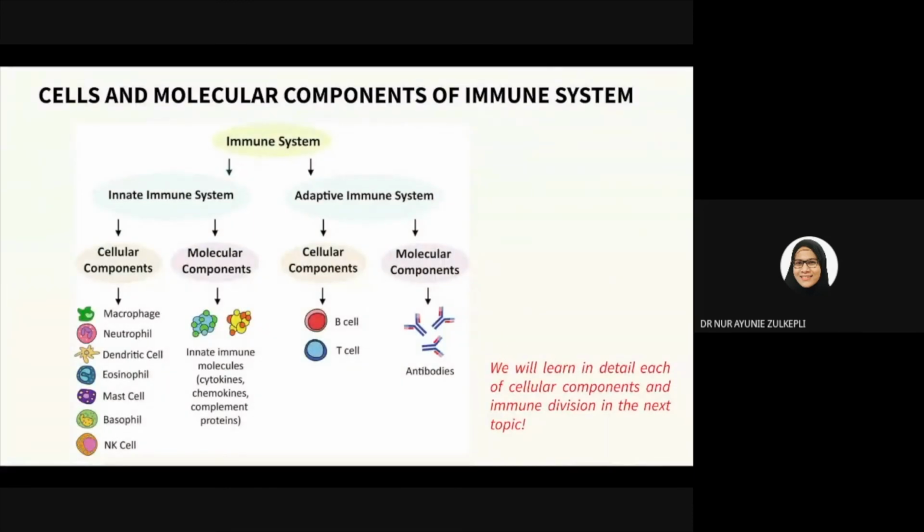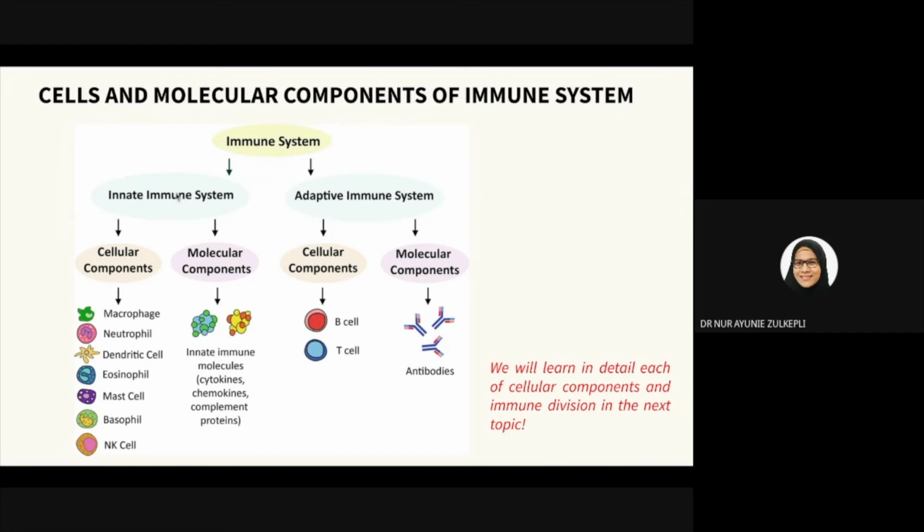This is just an overview of how different types of cells are involved in your immune system. Of course, we will learn each of these in detail in our next lecture. But I just want you to have an overview so that you won't be lost for the next topic.